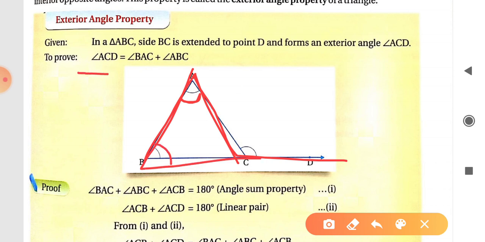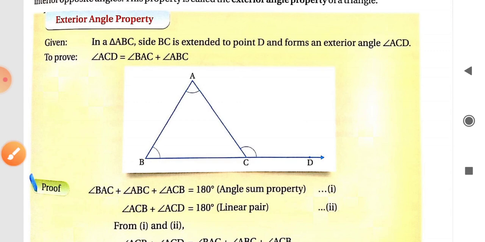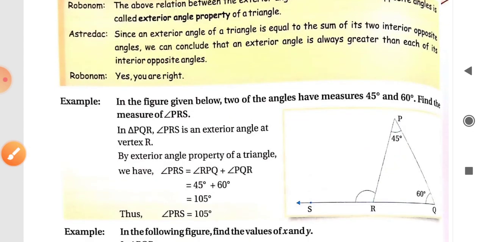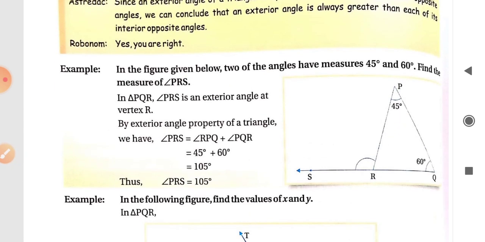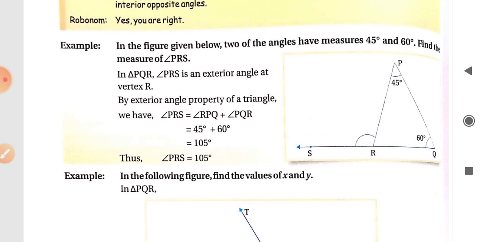So angle ACD is equal to angle BAC plus angle ABC. Exterior angle is equal to sum of two opposite interior angles. These angles are two opposite interior angles. This is exterior angle property. And now we will discuss some examples related to this property.